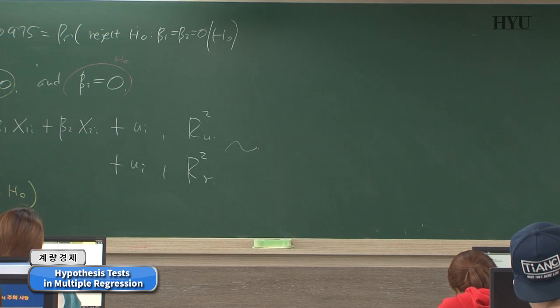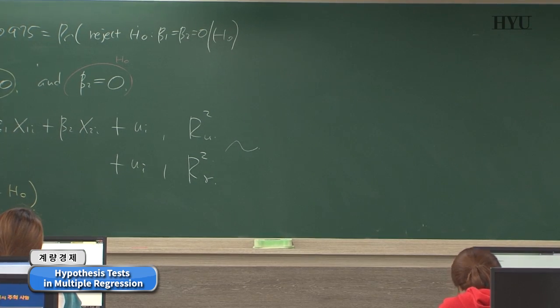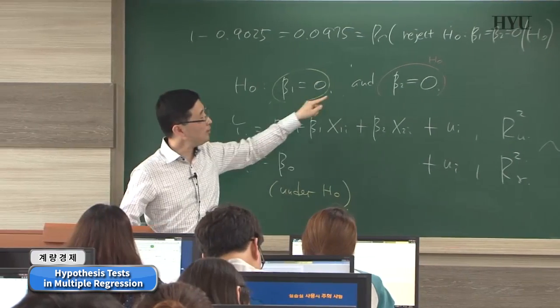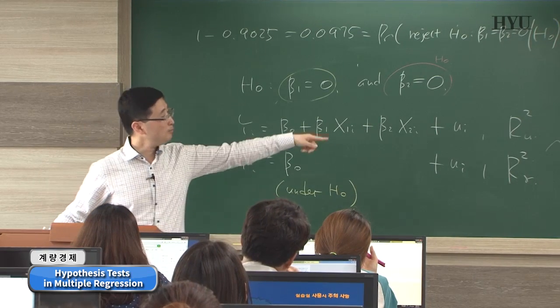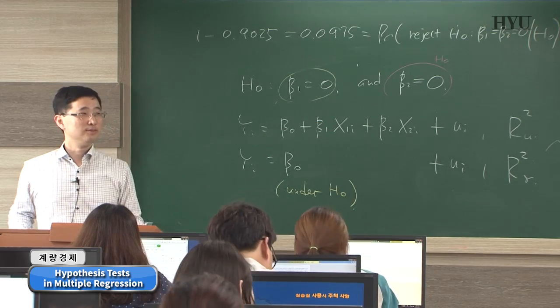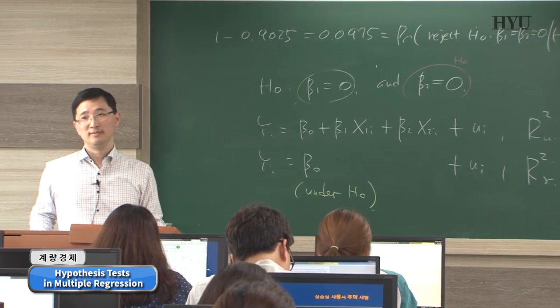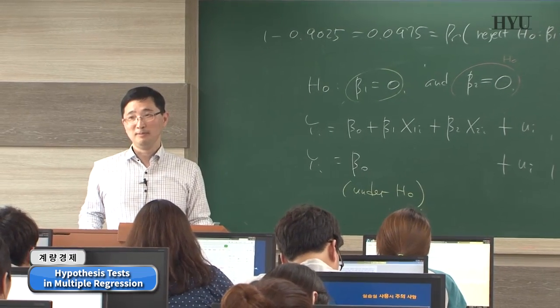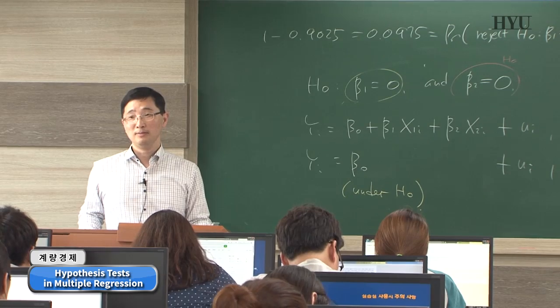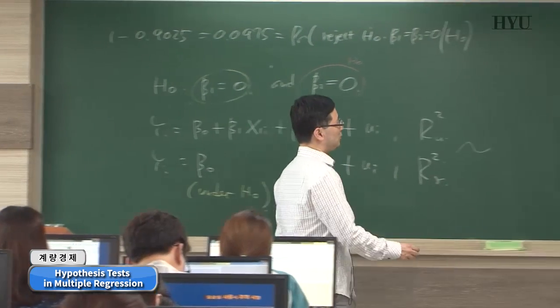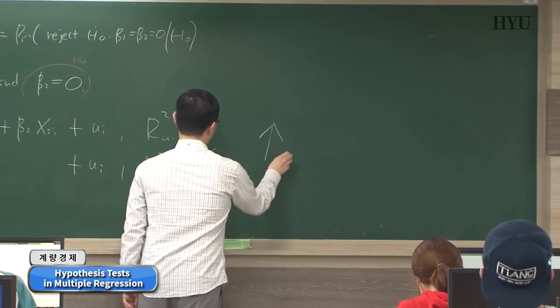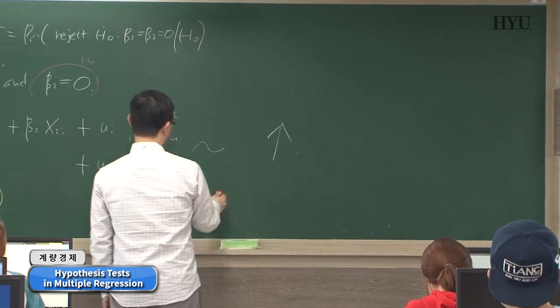Suppose that this is false. If you reject it, at least one of the independent variables is useful. Now, what's going to happen to this R squared? It's going to jump a lot, right? Because x1 or x2 or maybe both are useful. So it is going to jump a lot. Jumps like a frog.